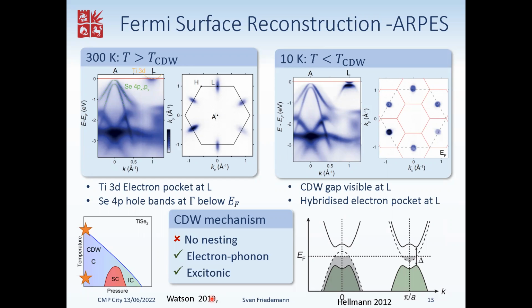I thought it occurred at the gamma point, so the D band exists at the L point, and the P band exists at the gamma point. So they are not at the same point in reciprocal space. But in the reduced zone they are, but then they're already hybridizing with each other.